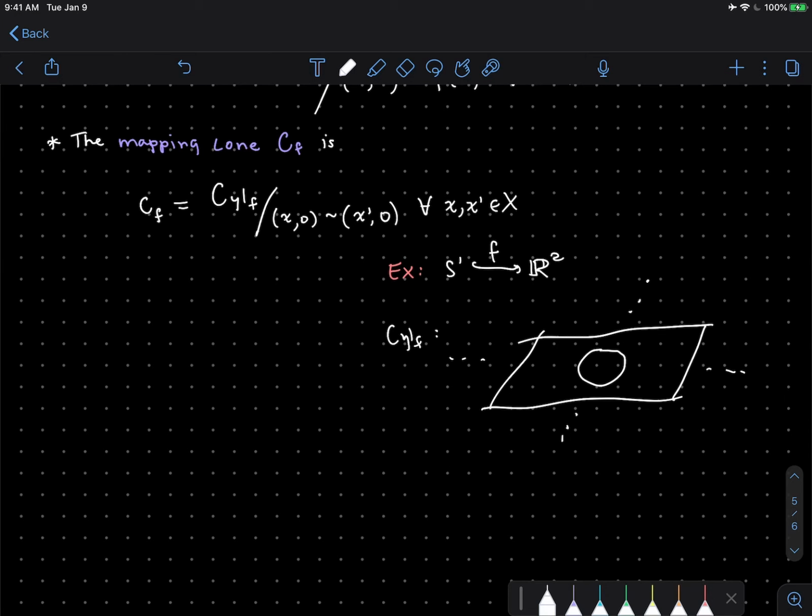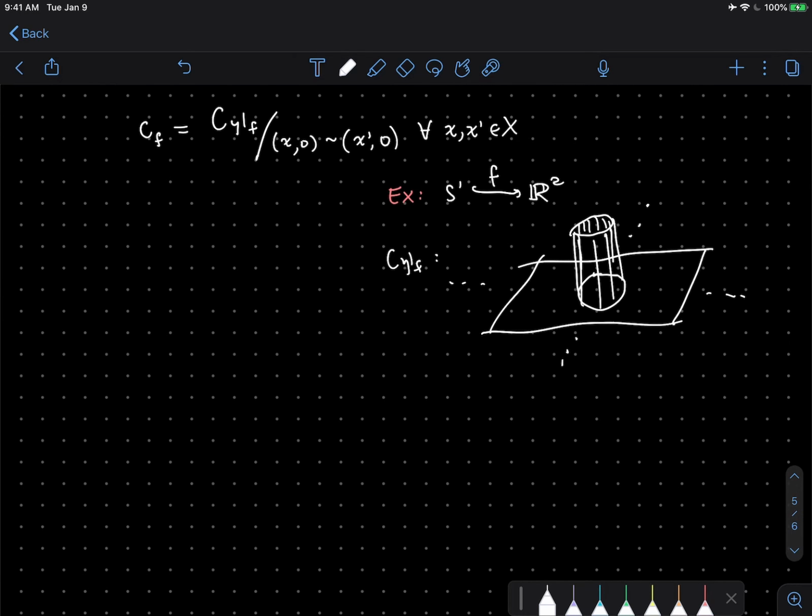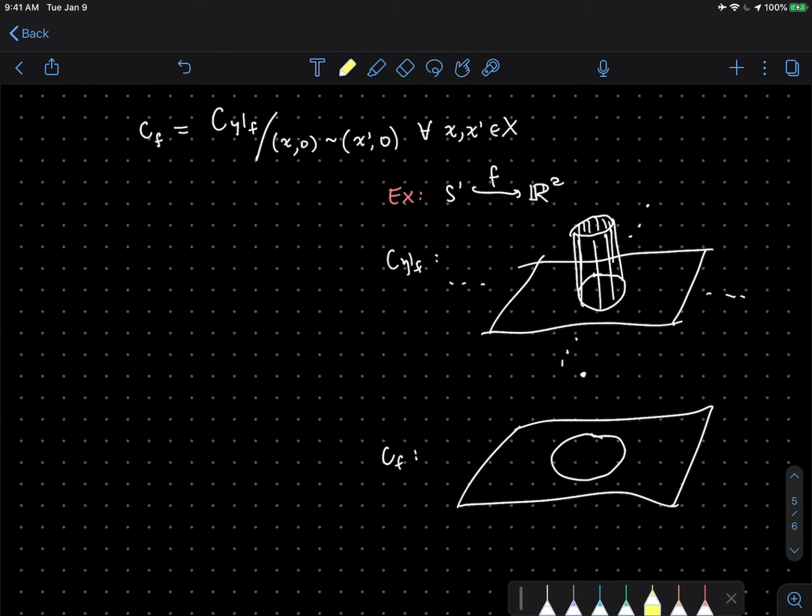We have our circle, S1, and it's glued as a cylinder. So that's why it's called the mapping cylinder. All right, and the cone is going to be the same thing. Circle here, but where we've identified all of the points at the top of the cylinder. So all of these points get smushed down to that one point here, which means that we look like this.